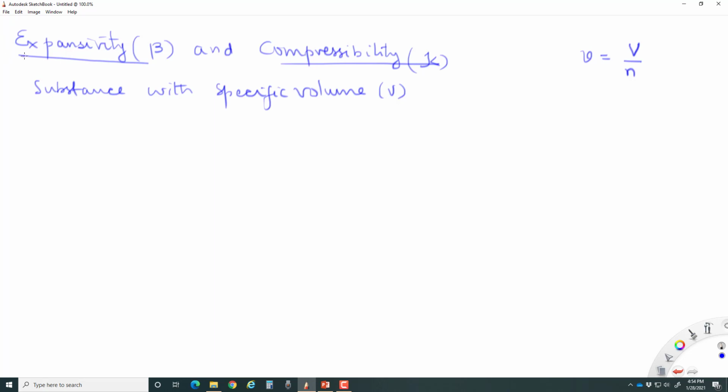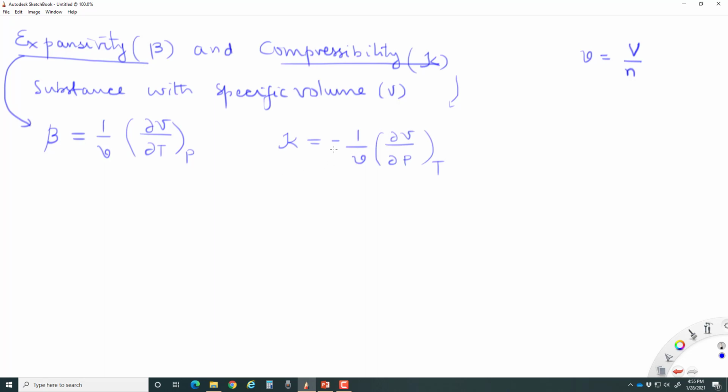Expansivity is basically how the substance responds to a change in temperature. It is defined as 1 over V dV over dT at constant pressure. Again, how the volume changes as the temperature is changed at constant pressure. Likewise, compressibility is defined as how the volume changes as you change the pressure, keeping the temperature constant.